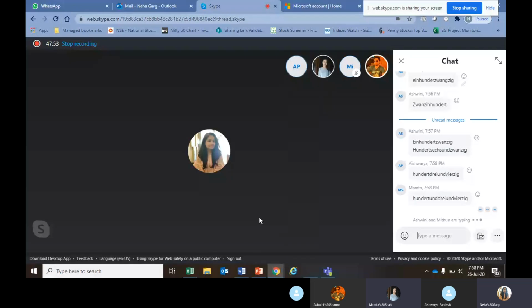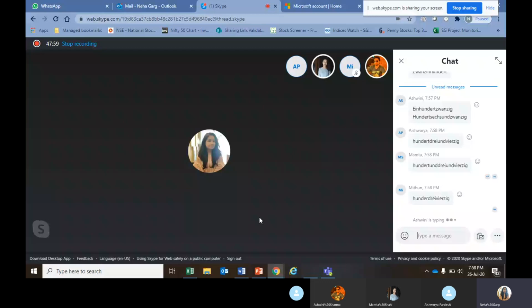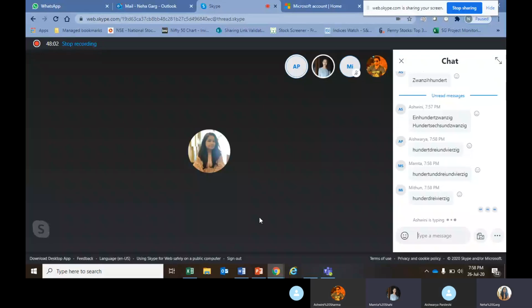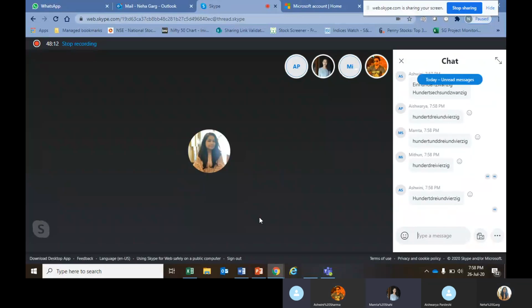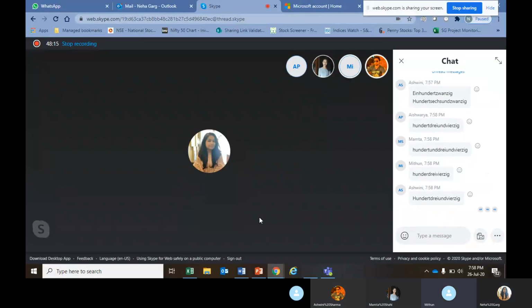There should not be an additional und between 100 and 43, Mamta. Okay, looks like Mamta has taken an additional und from Mithun. Mithun hasn't had any und at all. Okay, I got it. 143. Sehr gut, Ashwini. Thank you.